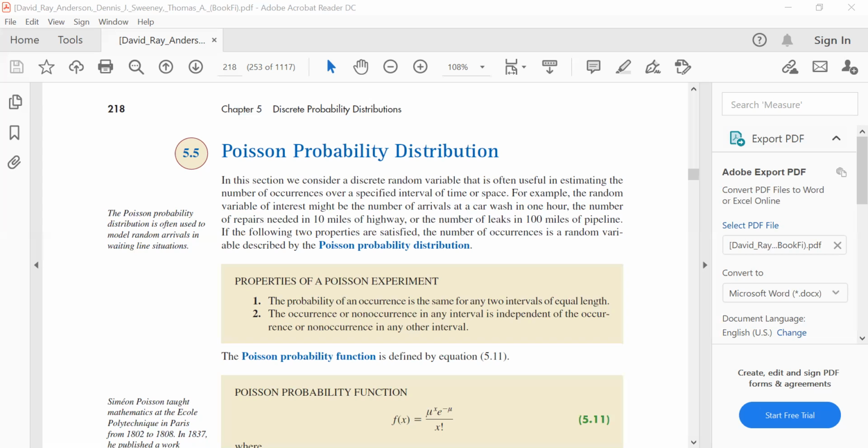The occurrence, that is defects, are random because there may be any number of defects in a 5-foot iron rod. We can assume that these defects are independent of one another.